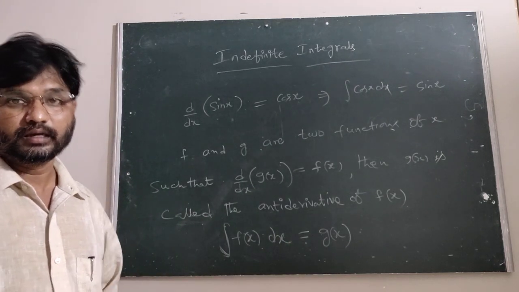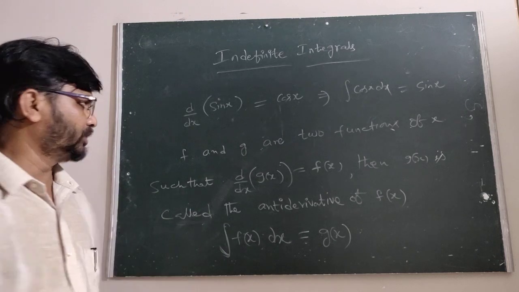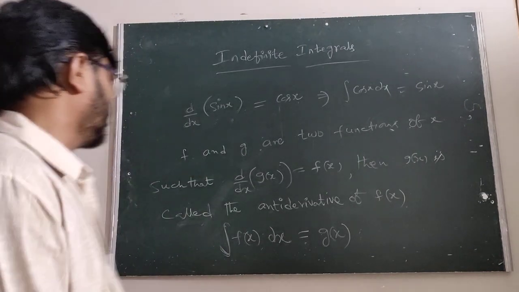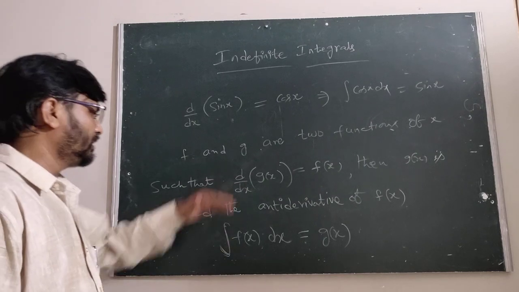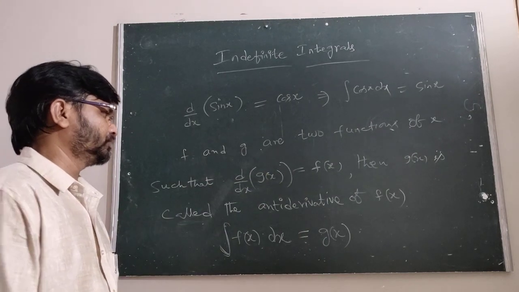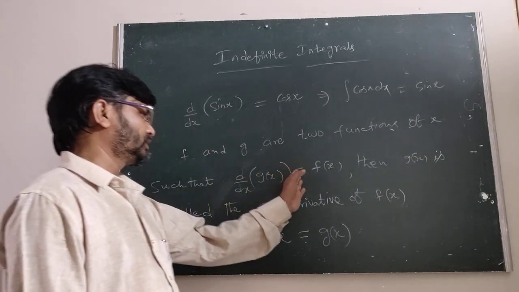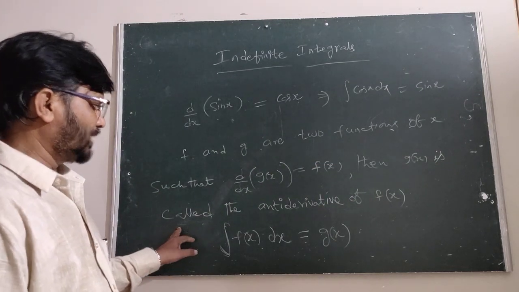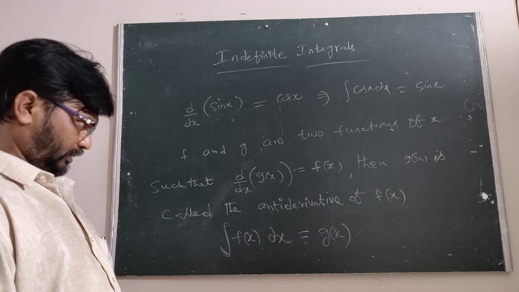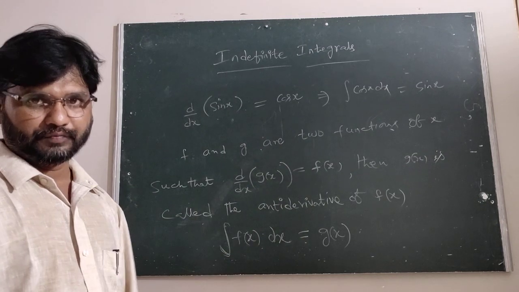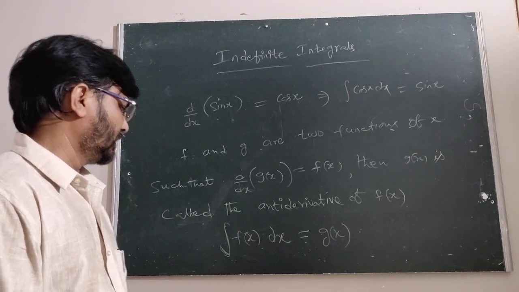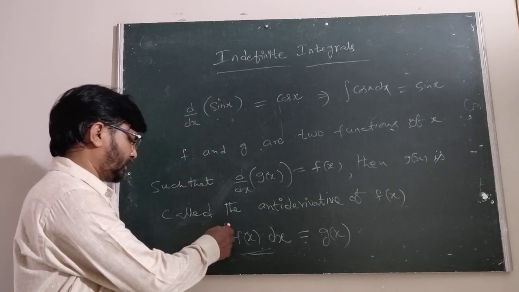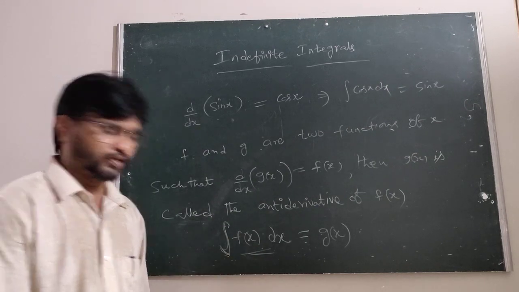This is integration. So if f and g are two functions of x such that the derivative of g of x equals f of x, then g of x is called the antiderivative of f of x, or the primitive of f of x, or the integral of f of x. This is denoted by the integral of f of x dx equal to g of x.